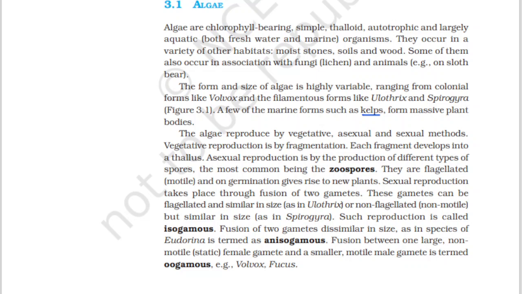Before, we talked about fusion between similar flagellated gametes, similar non-flagellated gametes, and gametes of different sizes, that is anisogamous. Now we are talking about a large non-motile female gamete and a smaller motile male gamete, which is termed oogamous. So these three terms are quite important. You should remember this.